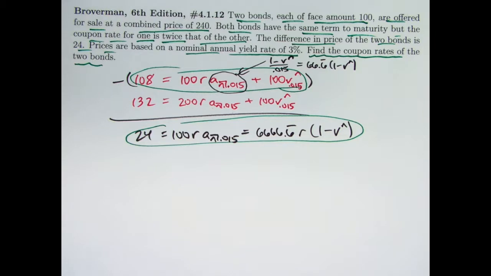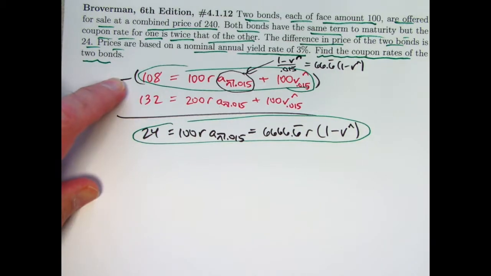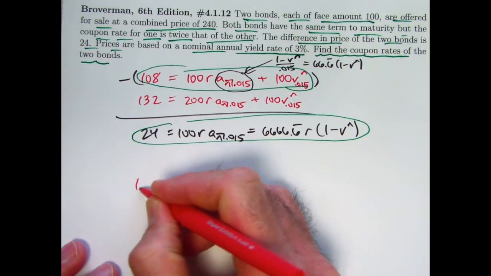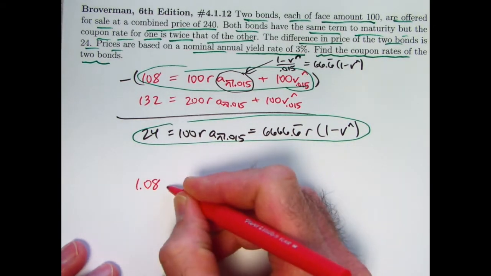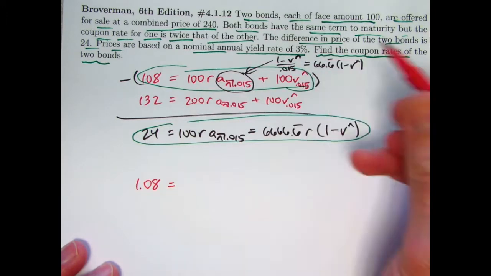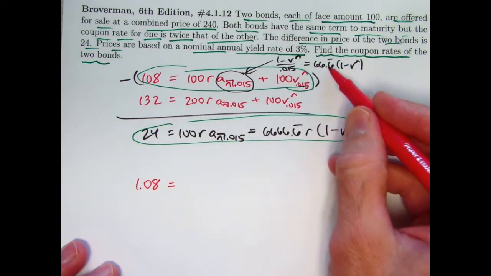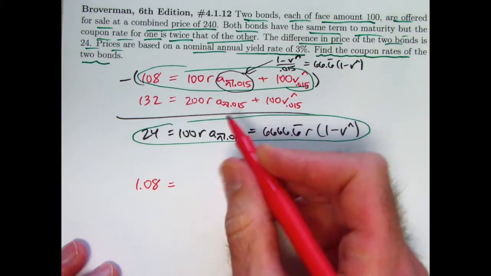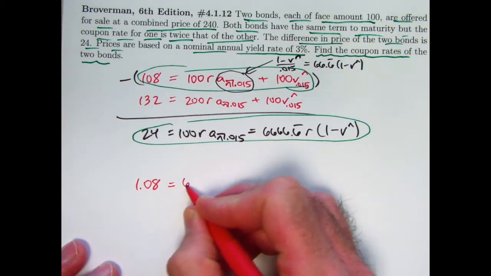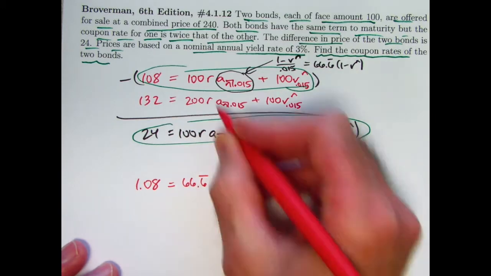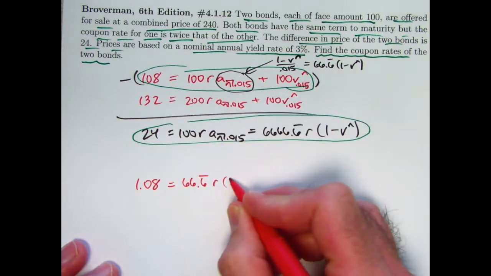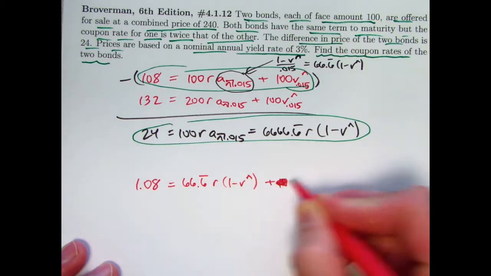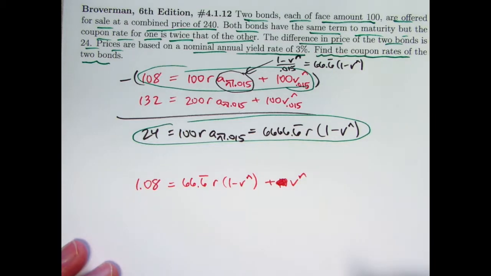I think I'll simplify things a little bit. I'll divide everything in the top equation by 100, so I'll get 1.08. Actually, if I divide this one by 100, I don't need the 6. I don't have to do that multiplication there. Just write this as 66.6 repeating times r times 1 minus v to the n, plus, I divide by 100, v to the n.